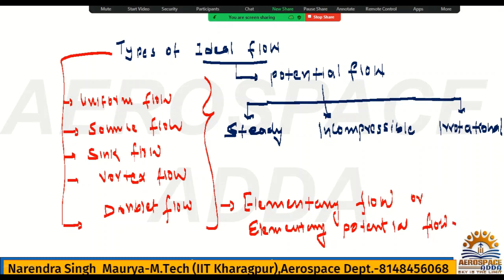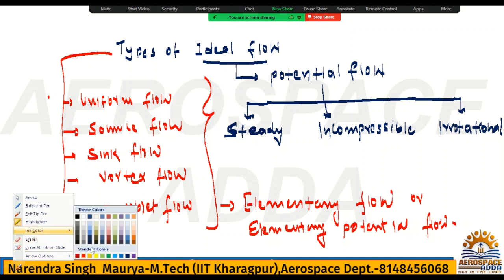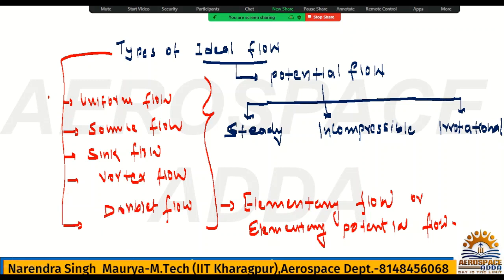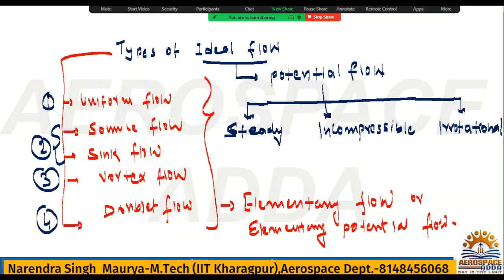Okay. Among these, source flow and sink flow I have written separately. Actually you can say source slash sink. So basically elementary flow, you have one, this is one, this both combined are one, this is now two, this is three and this is four. So how many elementary flows do we have? Four elementary flows we have.